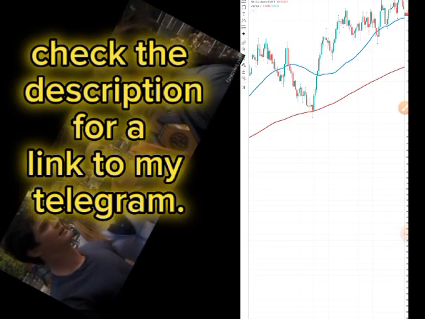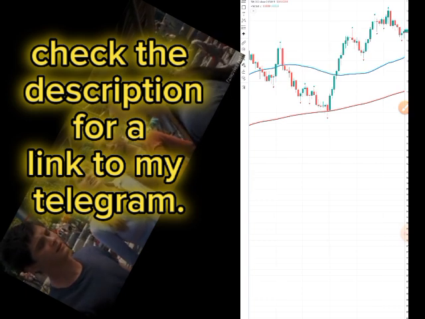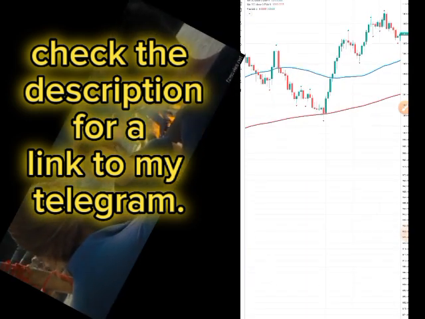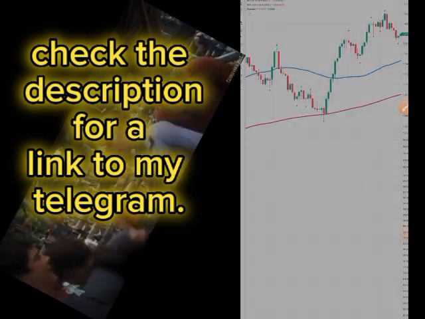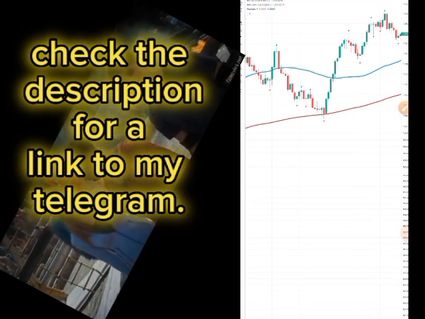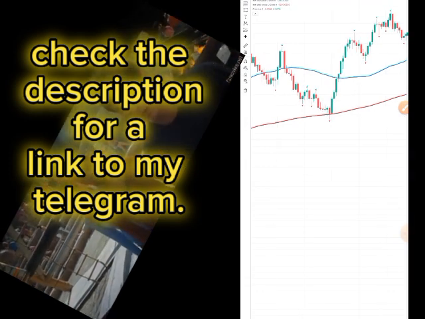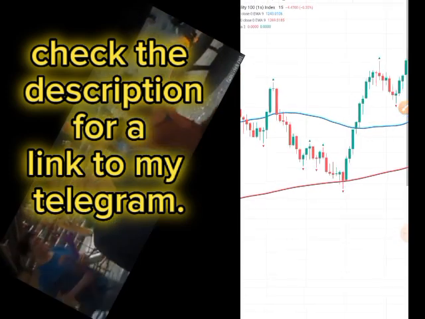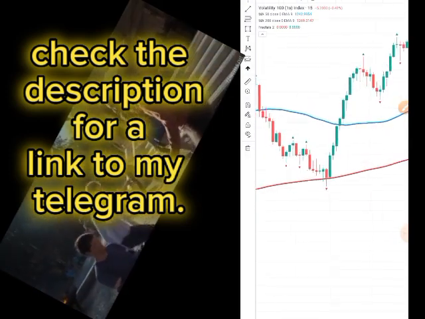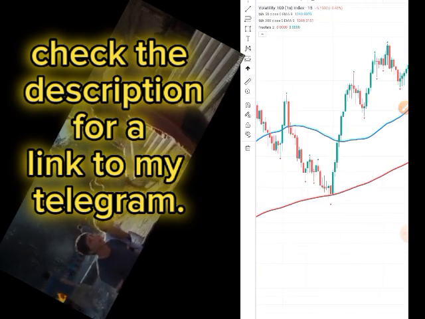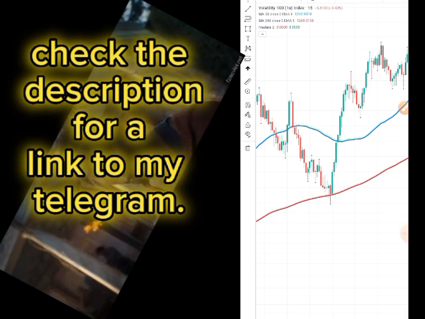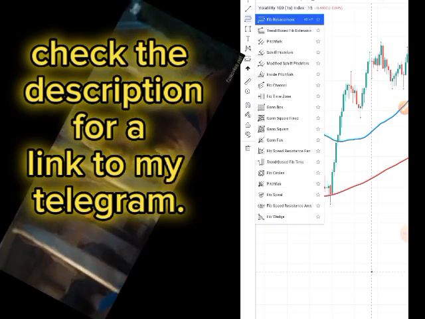This will help keep things in check for you, and help you not to lose much whenever you are wrong, because trading is a game of probability. You will not always be right, and there's no way you can always win. But proper risk management will help you stay profitable.